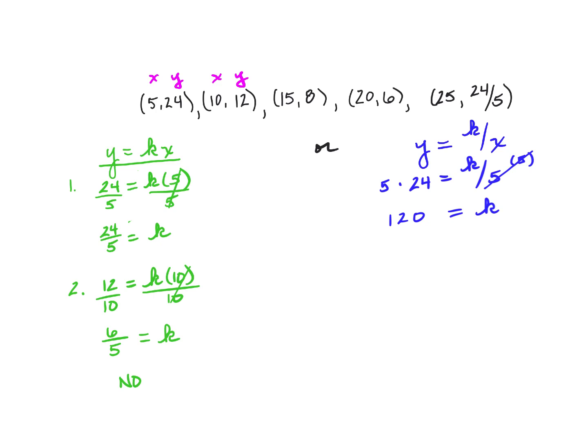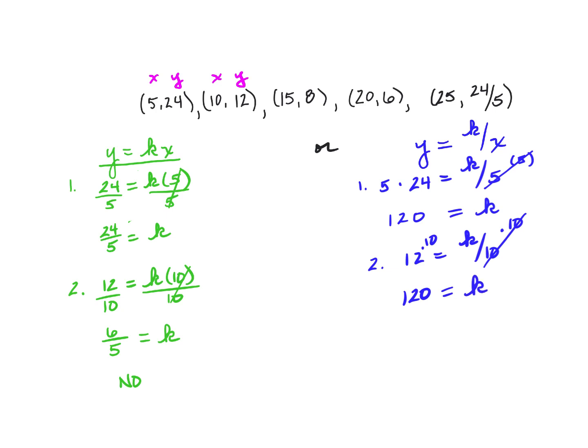Now, if I do the exact same thing, so this was my first point, I can try that again with the next point. So I'm going to have 12 is equal to k over 10. And again, if I multiply by 10 on both sides, I'm going to get 12 times 10 is 120. And I can cancel the 10s on the other side, and I get k is 120.